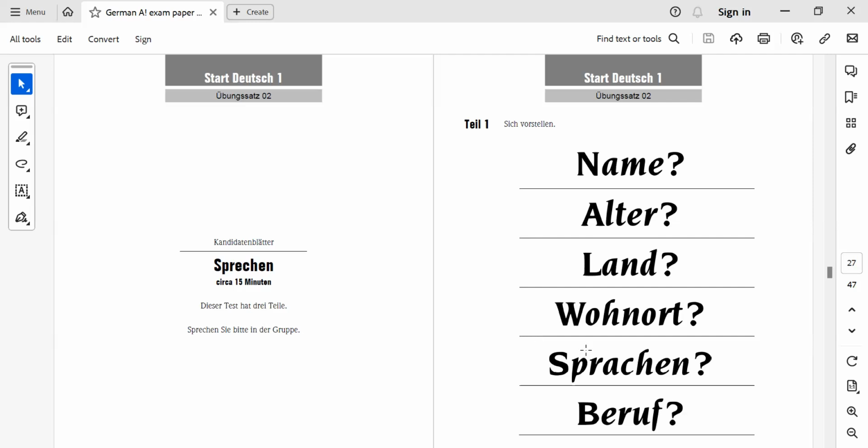Then otherwise, they will also ask you, "Können Sie bitte den Namen von Ihrem Wohnort buchstabieren?" So since you are living in Delhi, D-E-L-H-I. So you should know the numbers properly. There they are checking your alphabets and the number system. Okay, this is all about Teil 1. Now we go with Teil 2. Hope it's clear to you.